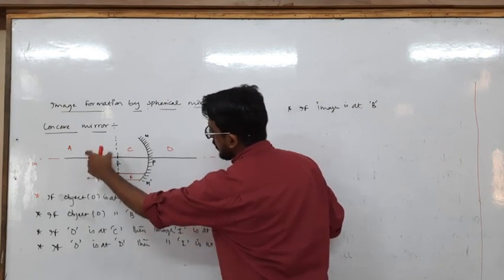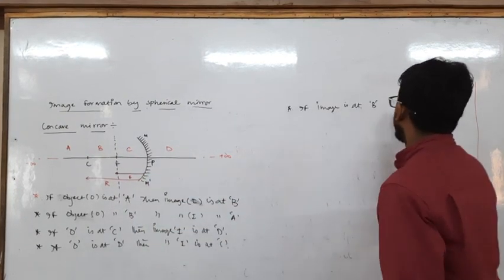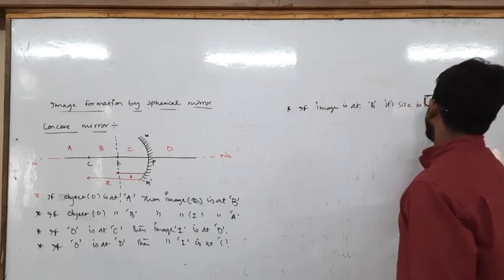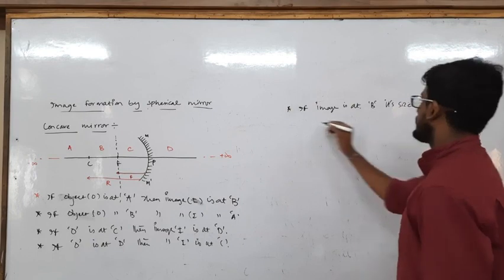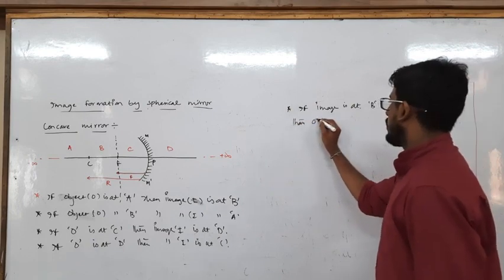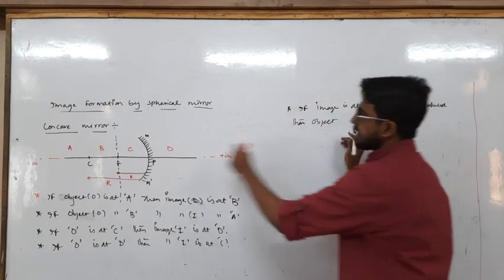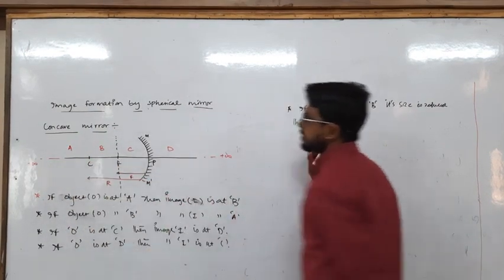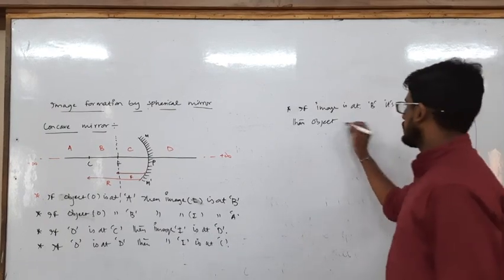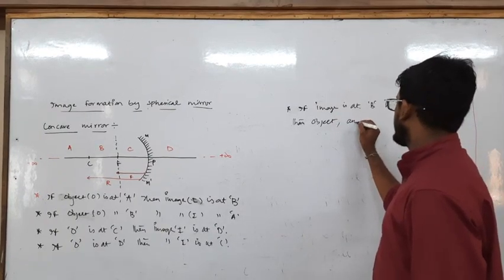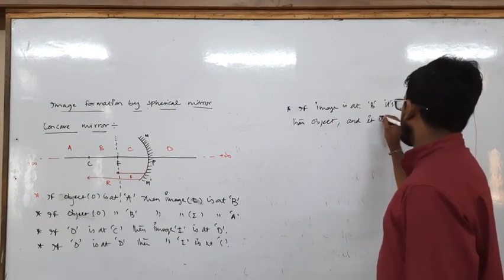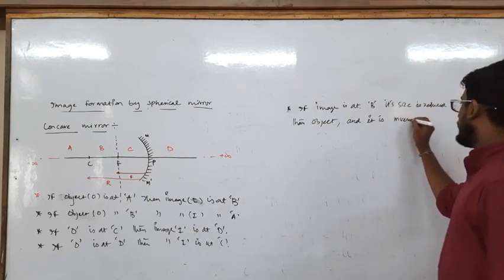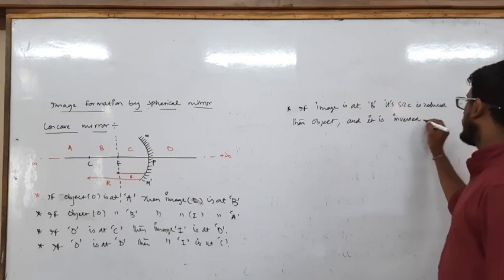If the image lies in B, its size is reduced compared to the object, because the object lies at A, which is a very large region. So if the image lies in B, its size will be reduced, and it is inverted and real.